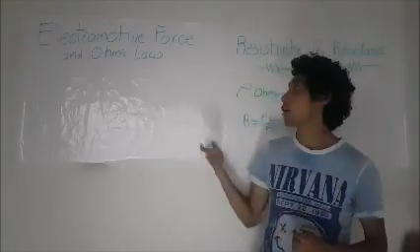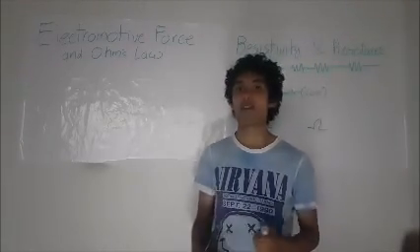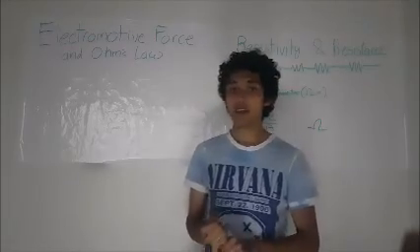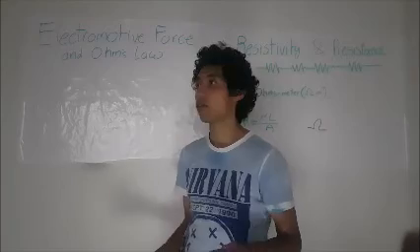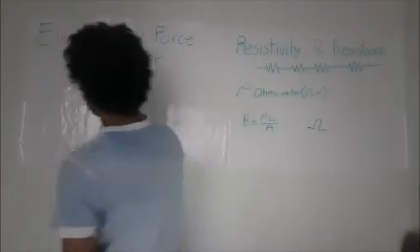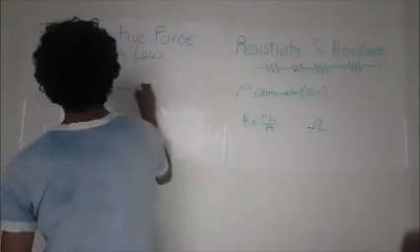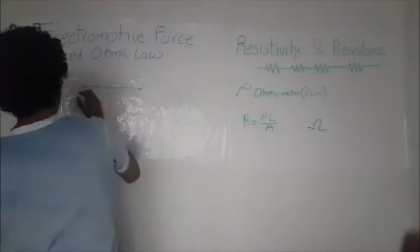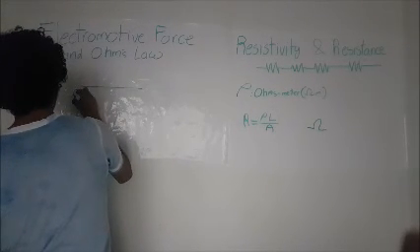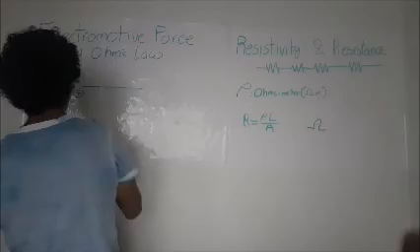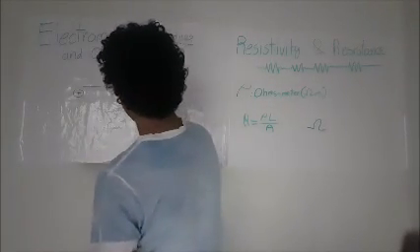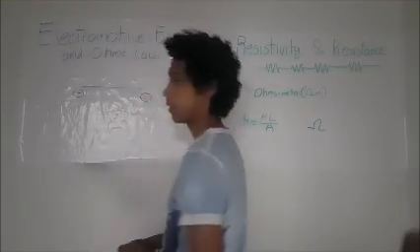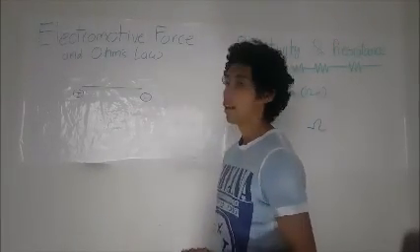Now I'm going to talk about electromotive force and Ohm's law. Well, electromotive force is the force created by the difference of potential on both sides of a conductor. Let's say here we have a conductor. This is positive, or more positive than this, and let's call this the negative side.